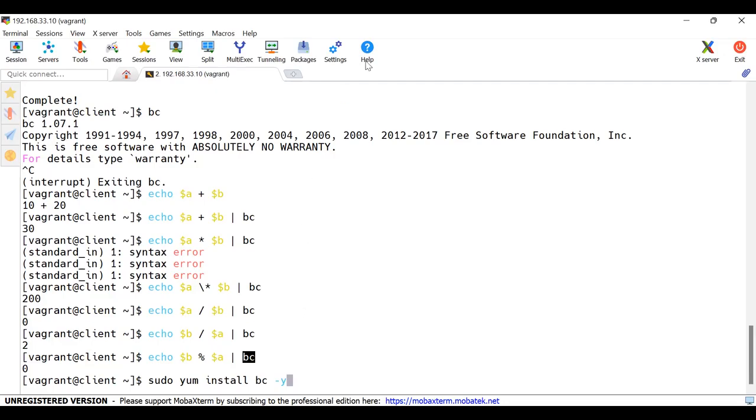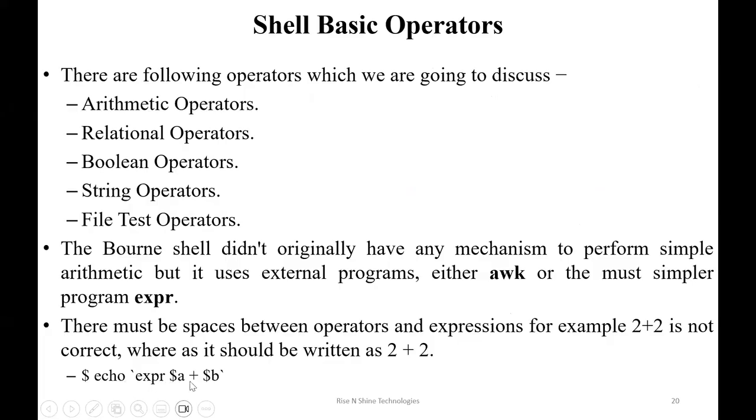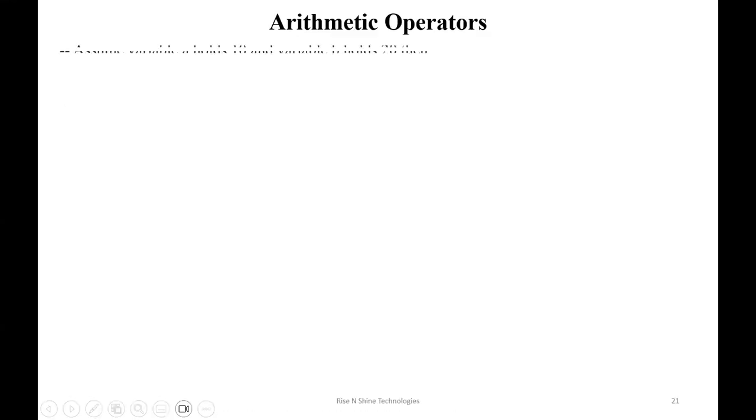So that's about arithmetic operators. If you go to the arithmetic operators, you see all these options. expr, echo, expr, we can use within the backward single quotation. Here assume variable A holds 10 and variable B holds 20.